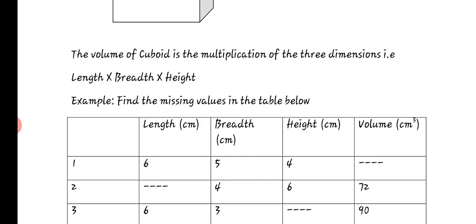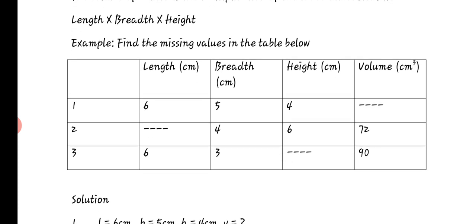Let's look at the example here. Find the missing value in the following table. Number 1, length is given to be 6 cm, breadth 5 cm, height 4 cm, volume is not given. Number 2, length is not given, breadth is 4 cm, height is 6 cm, the volume is given to be 72 cm cube. Number 3, the length is given to be 6 cm, breadth 3 cm, the height is not given, while the volume is given to be 90 cm cube.